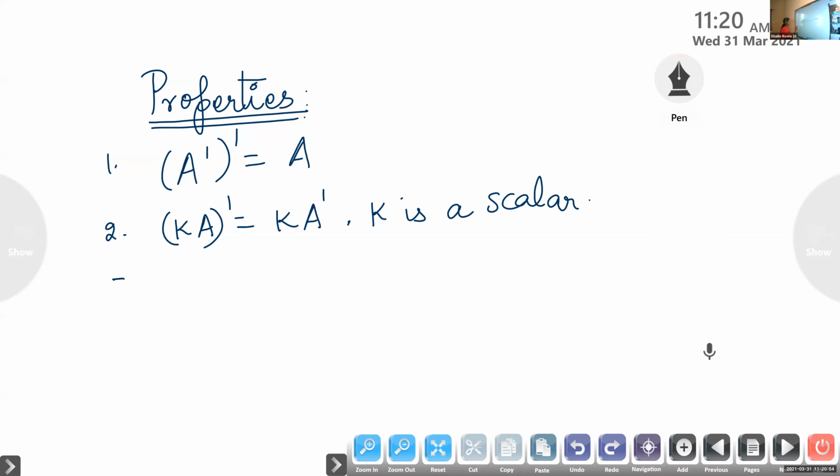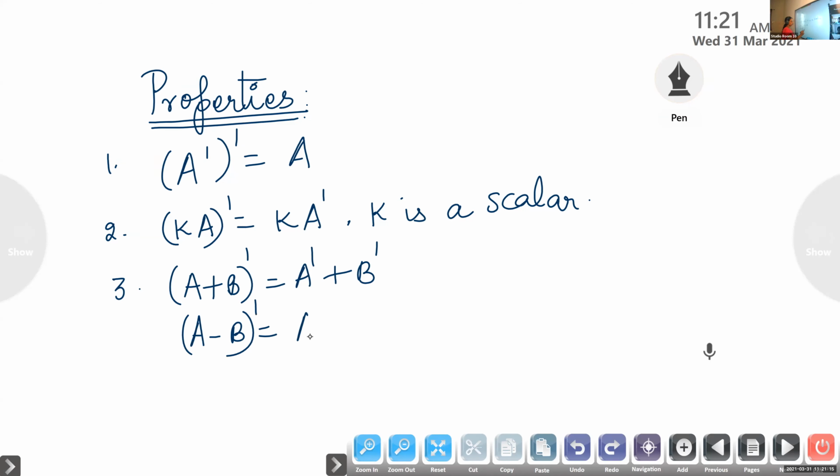What about the third one? A plus B the whole dash is equal to A dash plus B dash. Similarly, A minus B the whole dash is equal to A dash minus B dash.